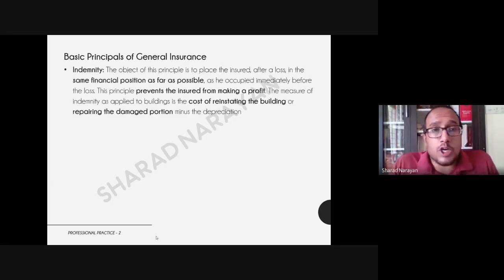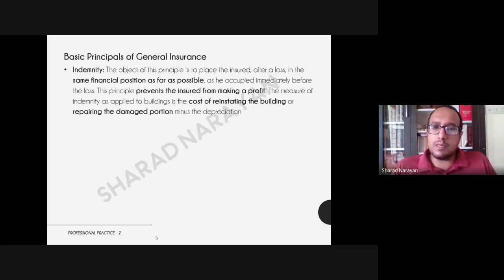Indemnity. Again, we talked about indemnity a little earlier. The objective of this principle is to place the insured after a loss in the same financial position, as far as possible, as he occupied immediately before the loss. So the idea of indemnity basically prevents a person who has insured himself from any kinds of losses.